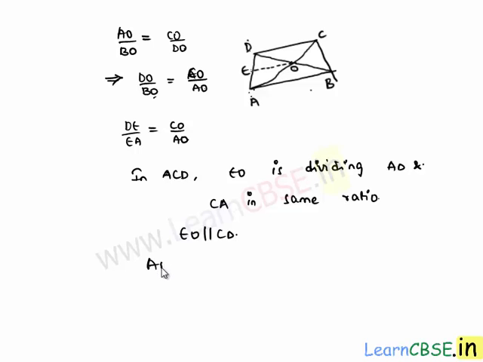As AB is parallel to EO and EO is parallel to CD, from the transitive property, we can say that AB is parallel to CD. So, if in a quadrilateral two sides are parallel, then it is a trapezium. Therefore, ABCD is a trapezium.